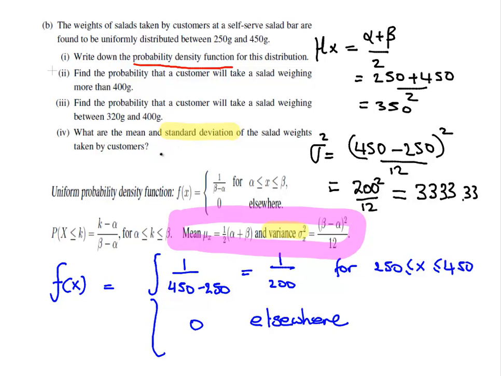So the standard deviation sigma x is equal to the square root of 3333.33, which, with a bit of calculator work, is 57.73. So the mean is 350, and the standard deviation is 57.73. Just remember to put in units. We're dealing in grams, so that's 350 grams and 57.73 grams.